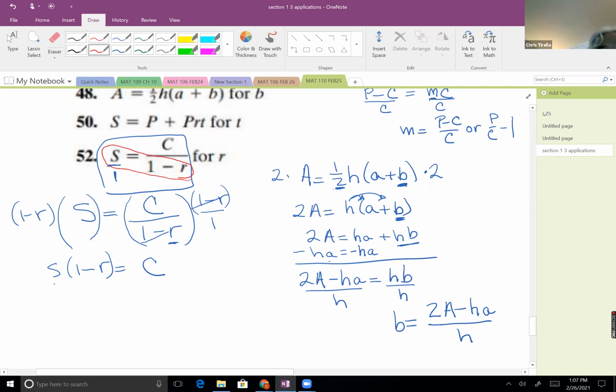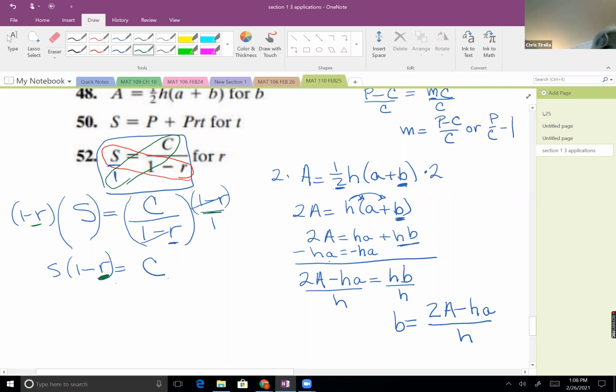Cross multiplying would give us S times the 1 minus R is equal to 1 times C. And so if you just have that one term or that one fraction on either side, you could cross multiply to get that. If you're afraid, though, of making a careless mistake cross multiplying, or if you're not sure that you can, by all means, do what we did with those rational equations, multiplying both sides by your common denominator.